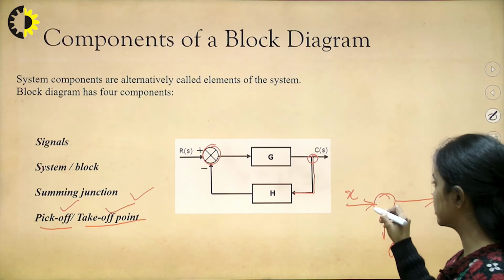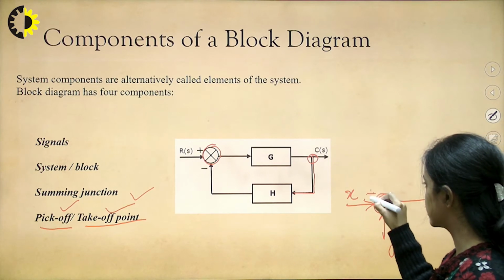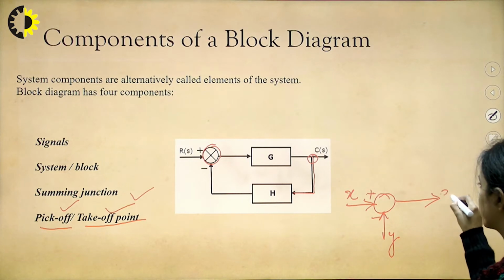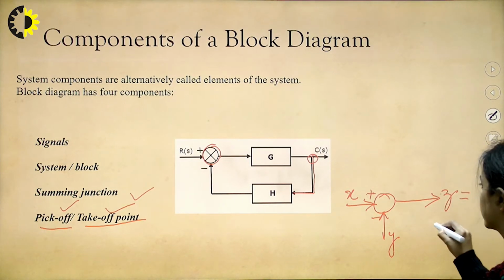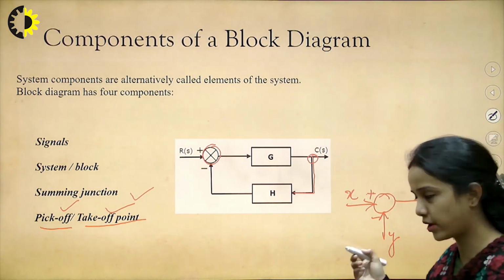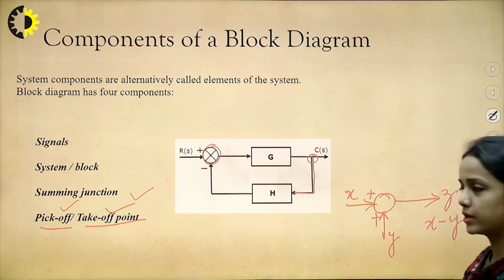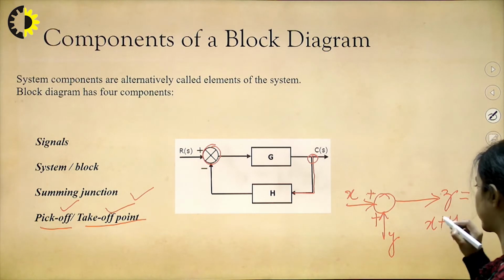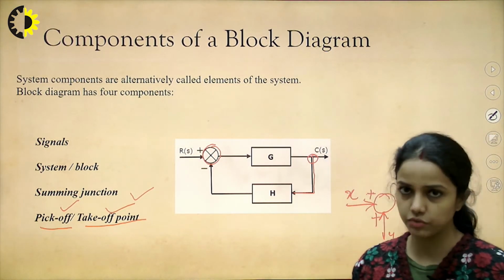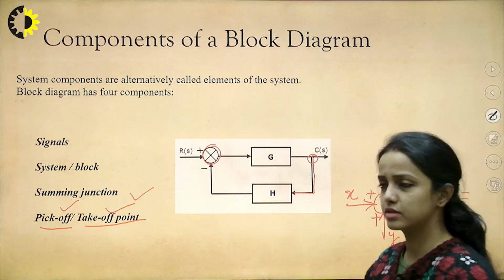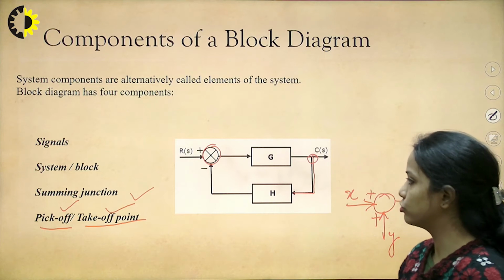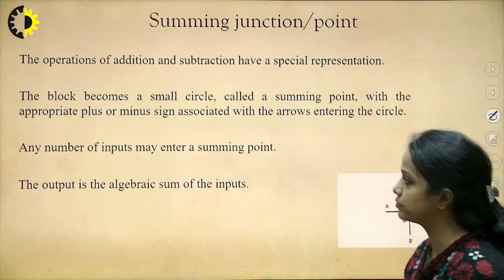Let's say this is plus and this is minus, so the output z will be x minus y. The two vectors will be subtracted. Had it been a plus sign here, it would be x plus y. Whenever we need to merge two or more inputs, we need a summing point, and the takeoff point is just like a node. We do not need any other symbol for it.